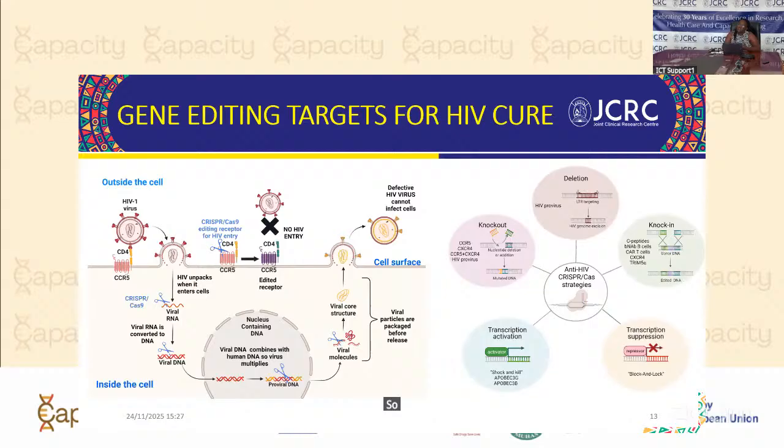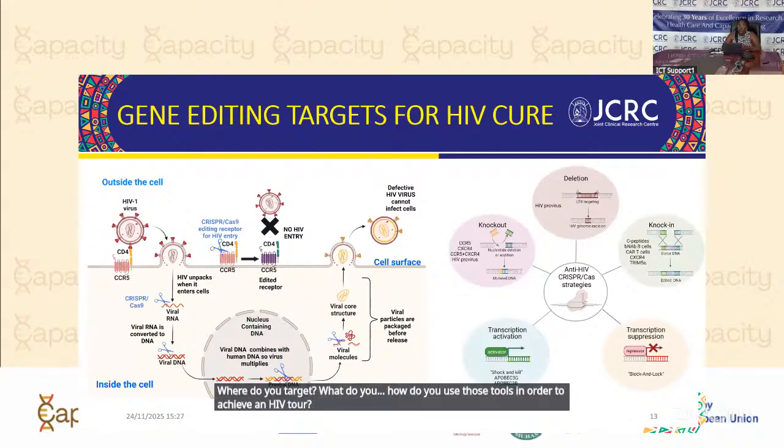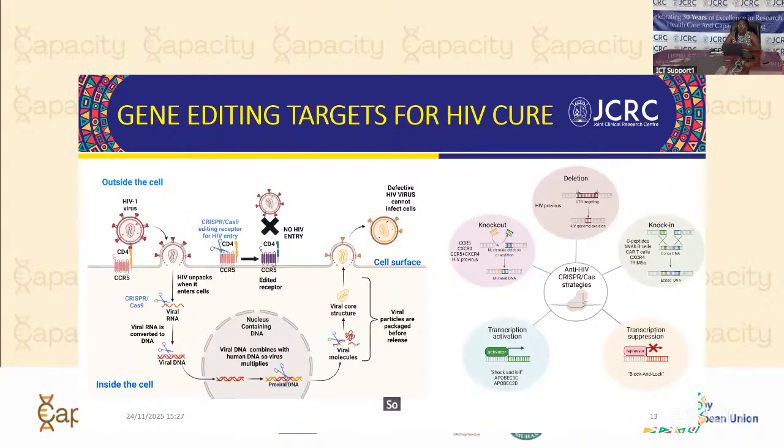So in terms of HIV cure, with the tools that we have, where do you target? How do you use those tools in order to achieve an HIV cure? So we look at the entire life cycle of HIV in a cell. We could target the CCR5, which is on the outside of the cell, on the cell surface, the co-receptor for entry.